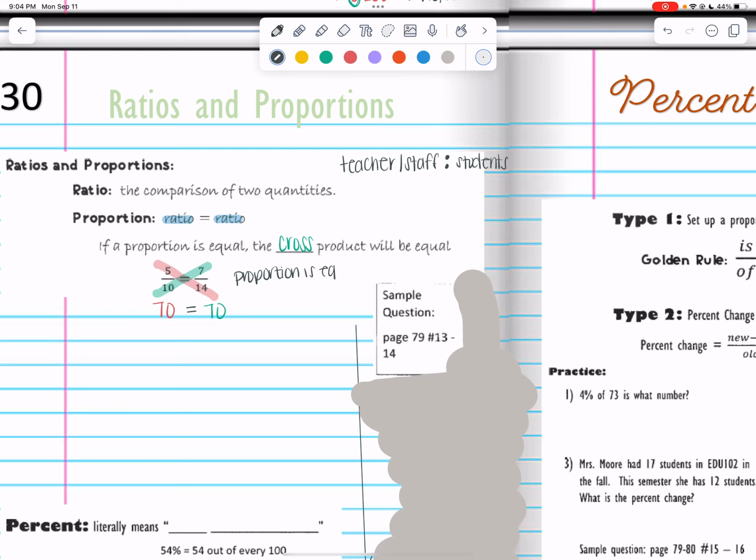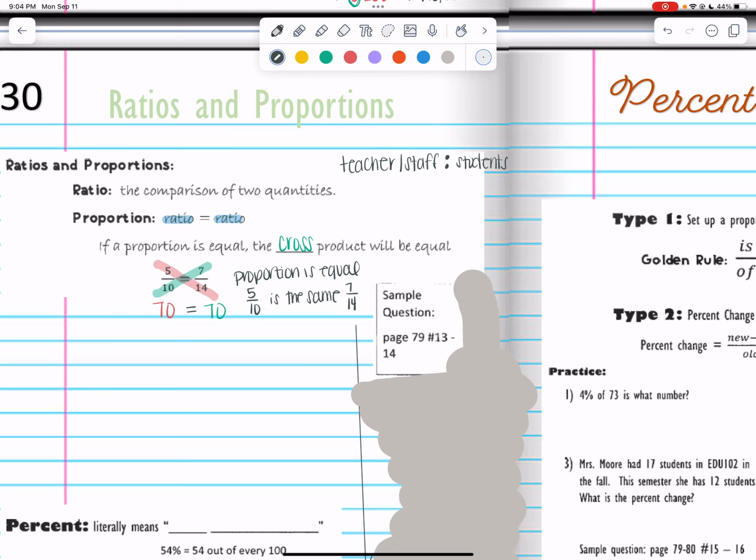So the proportion is equal, which furthermore means 5 over 10 is equal to 7 over 14. And so the way the practice could ask this is, are the two fractions equivalent? Well, I could simplify one fraction, simplify the other fraction, and see if they match.